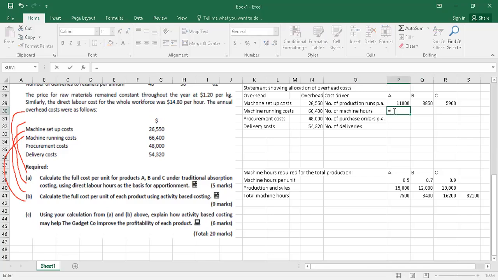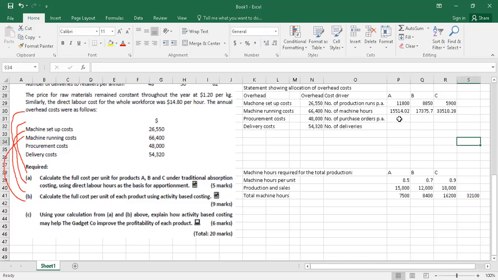So if A has to be allocated the machine running cost, it is 7,500 divided by 32,100, this is the fraction, into the amount of 66,400. For B, 8,400 divided by 32,100 proportionately, into 66,400.